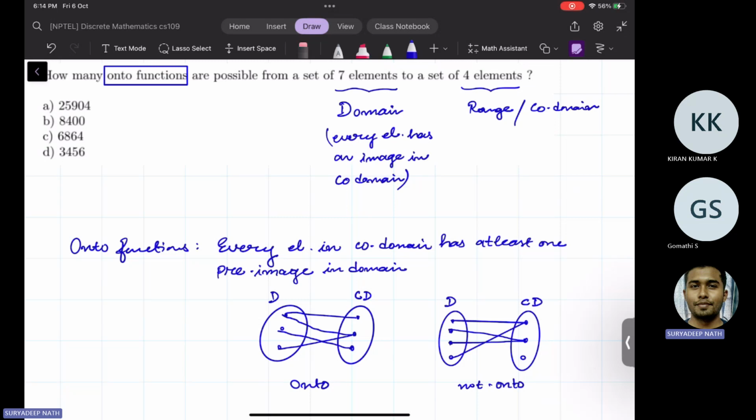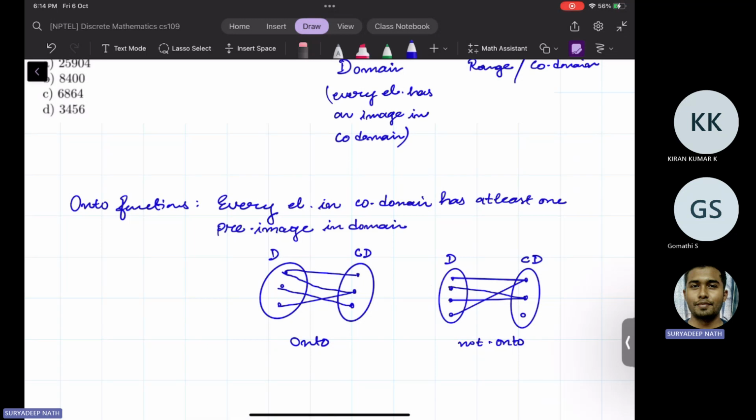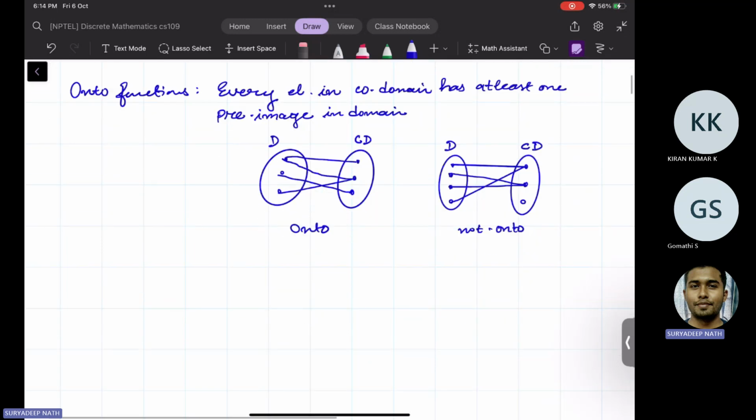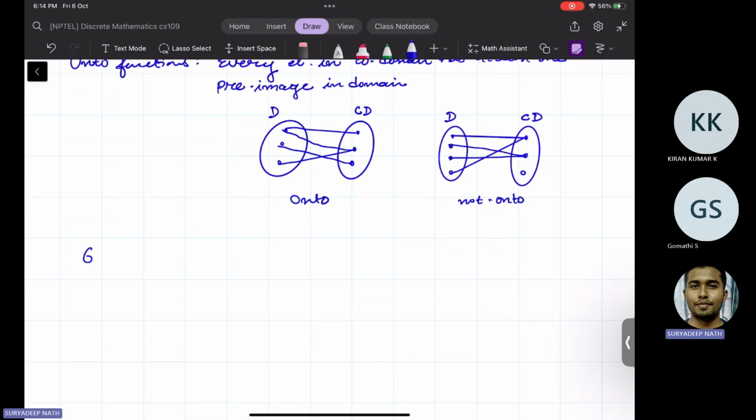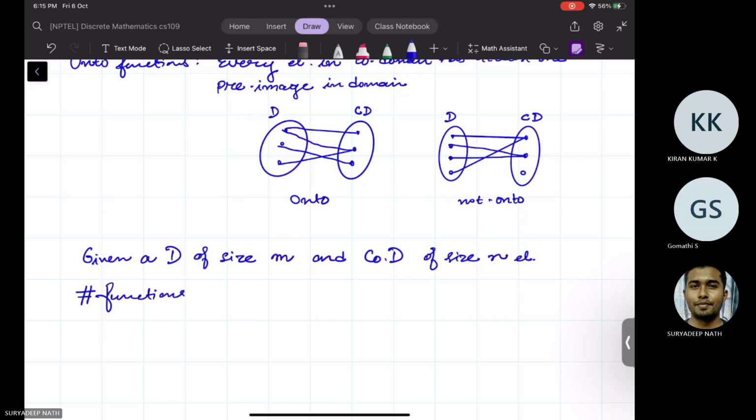Before we go on to onto functions, given a domain of size m and a codomain of size n elements, what is the total number of functions that we can generate?